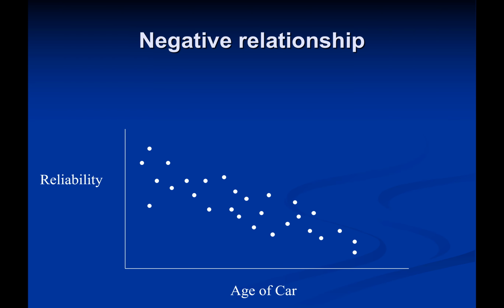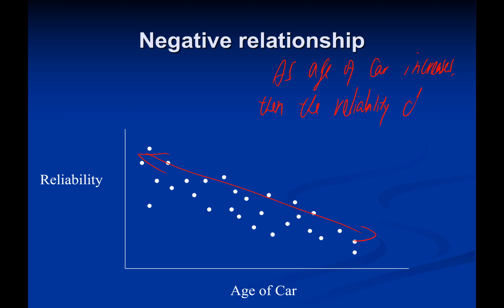We also have a negative relationship: as the age of the car increases, the trend looks like this. As the age of the car increases, then reliability also decreases. This is a negative or indirect relationship.